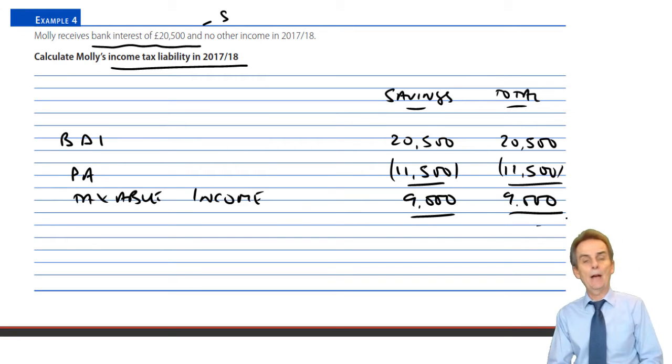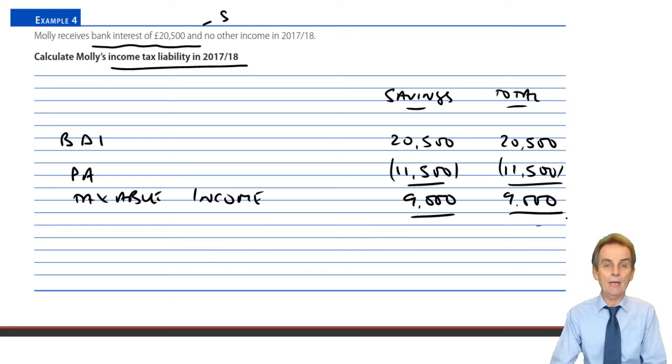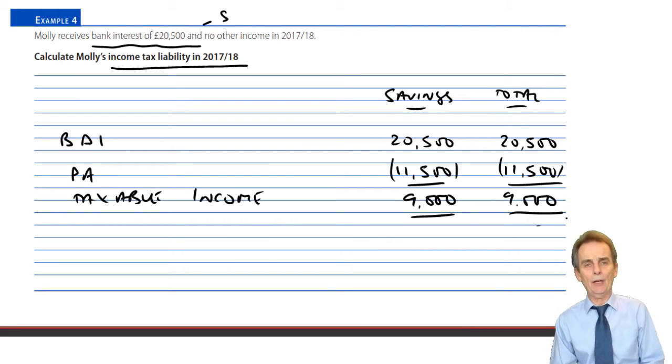Right. Now, in our previous two examples, we had non-savings income to be taxed prior to the taxation of the savings income. We had a significant amount of trading profit. That trading profit was big enough not just to cover the level of the personal allowance, but also left you with taxable non-savings income in excess of £5,000.